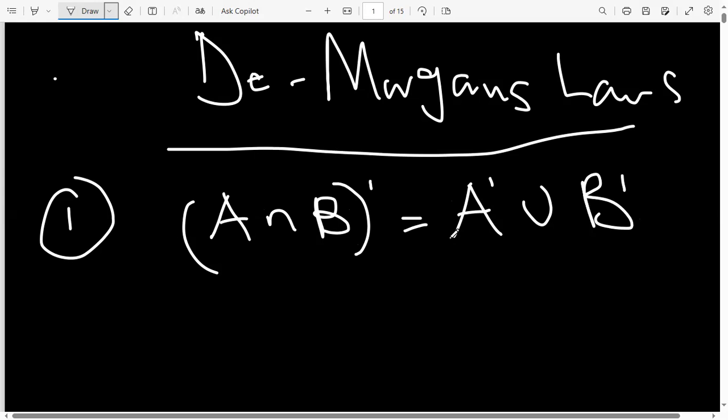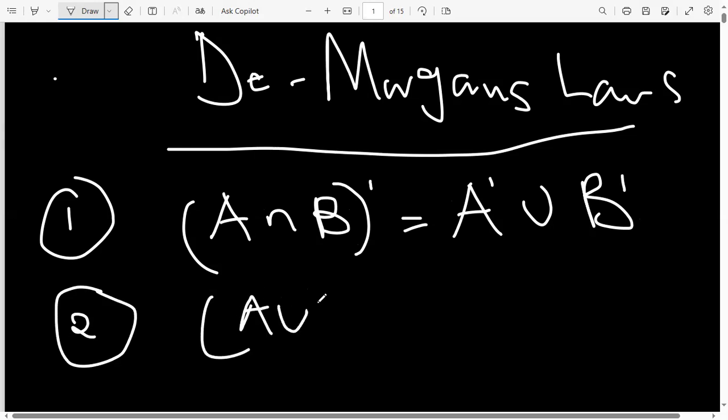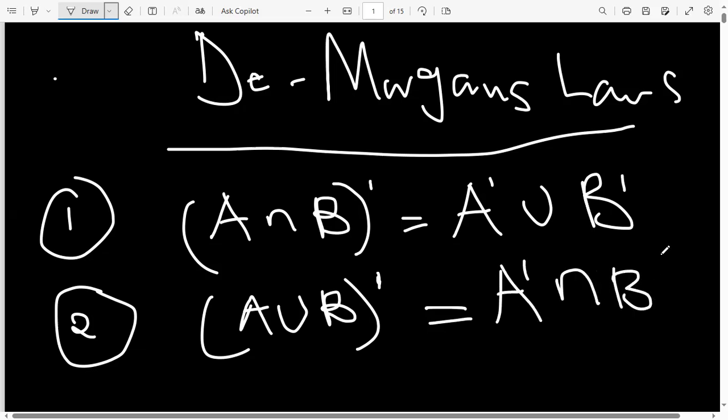So this is the first De Morgan's law. The second one states that if I have (A union B) complement, then this is the same as A complement intersection B complement. So these are the two De Morgan's laws.